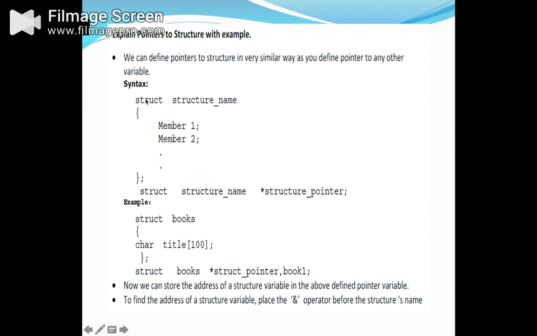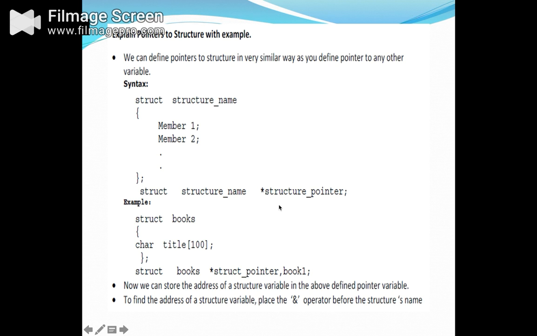Here we see a structure and we have a variable known as struct name and another struct name. In order to create a pointer, you need to put a star and the struct pointer.